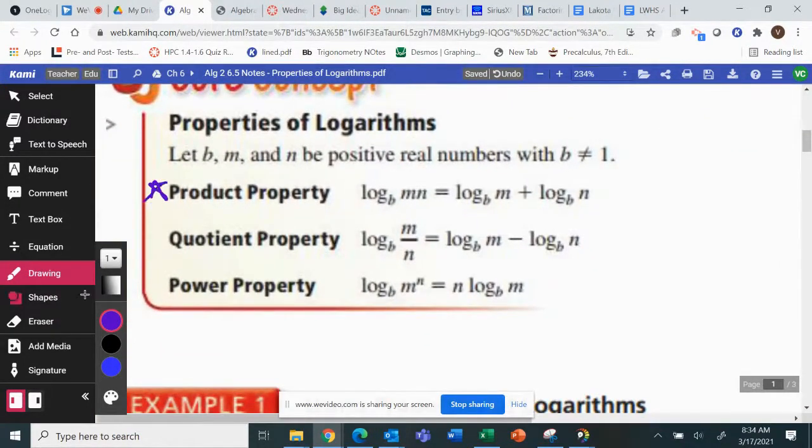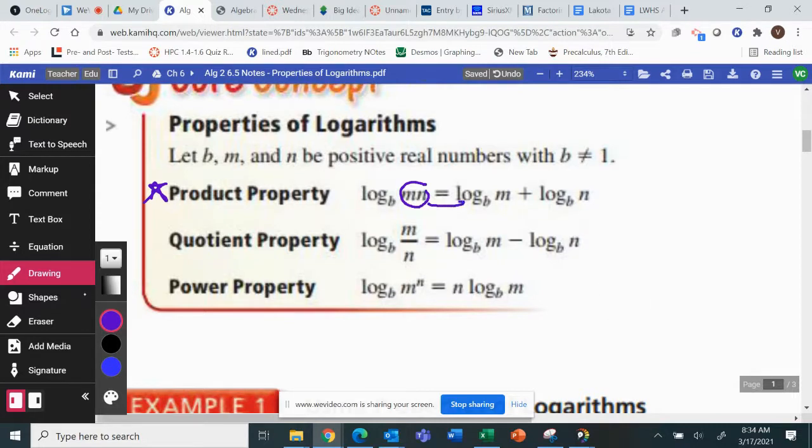The product property says if I have a logarithm of some product, so m times n, meaning multiplication, I will rewrite that as separate logarithms added together. That's the same rule as if I'm multiplying x squared, x to the 4th, and I add the exponents. Kind of the same rule.